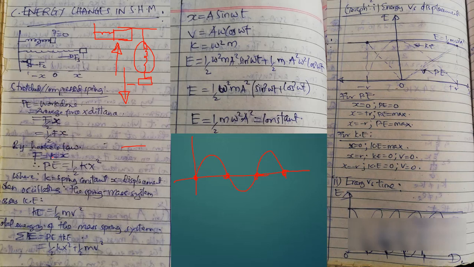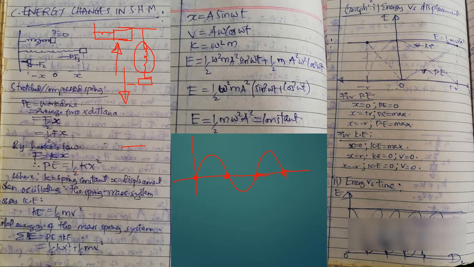And by Hooke's law, force is K times X. So if we substitute F with Kx, it becomes Kxx divided by 2. That is why potential energy in the spring is given by a half times spring constant times x squared, where k is the spring constant and x is displacement.